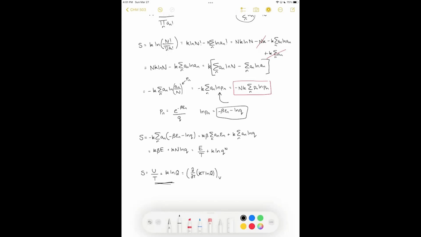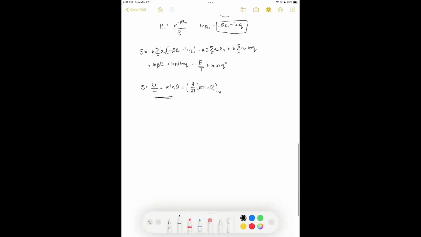We can now apply this definition to actually calculate the entropies of ideal monatomic gases. We can do this for other gases as well, but the monatomic ones are just a little bit easier since they have a lot less going on. For a monatomic gas, the only degrees of freedom available are translational degrees of freedom. That means the internal energy U is simply equal to the translational internal energy.